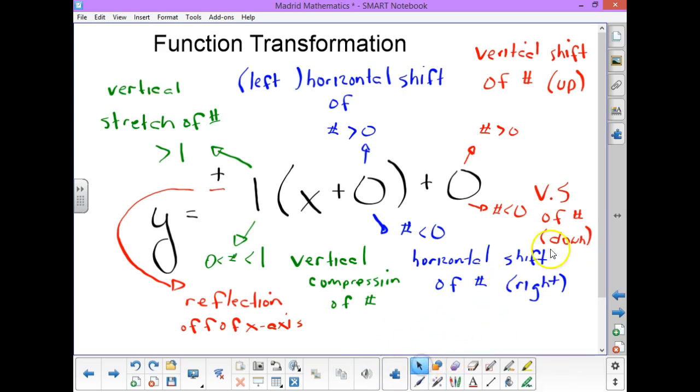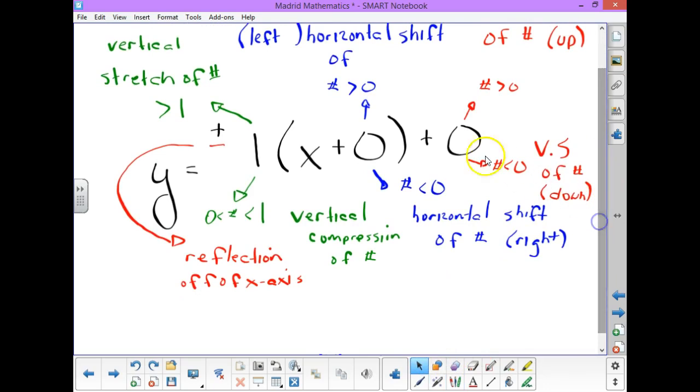Now let's look at some examples. You already know how this operates. Let's say you're looking at a linear function: you would have an exponent there of 1. If you were looking at a quadratic, you'd have an exponent of 2.